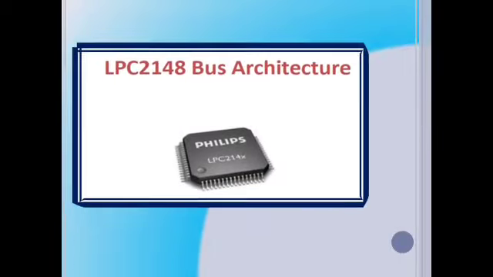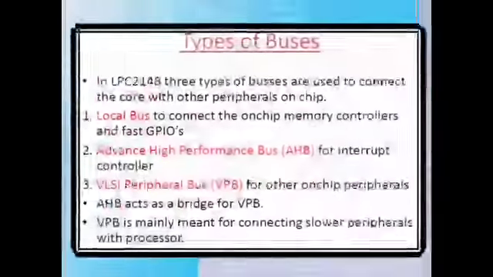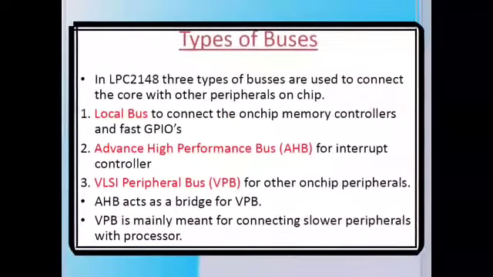This is the general bus architecture of your LPC2148. It has a local bus to connect the on-chip memory controllers and fast general purpose IOs, an advanced high performance bus, AHB, for the interrupt controller, and the VLSI peripheral bus, VPB, for other on-chip peripherals.